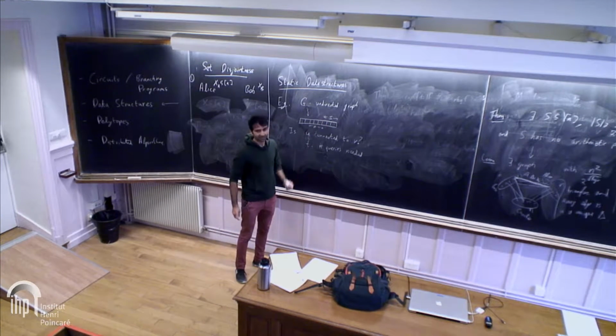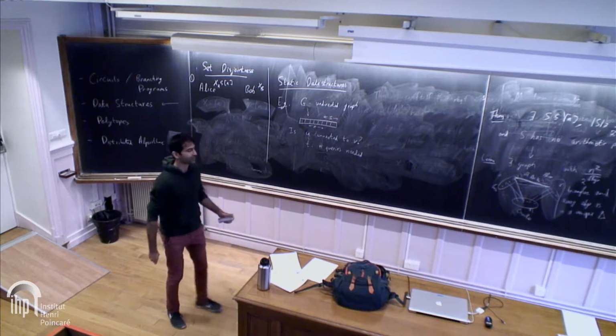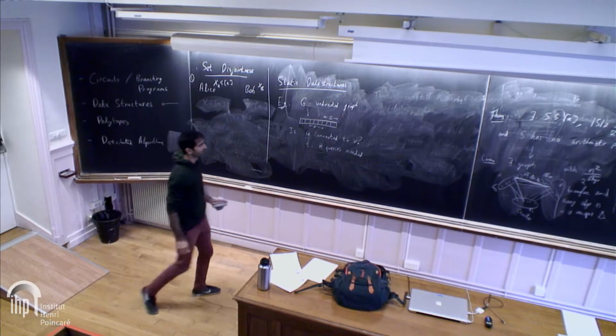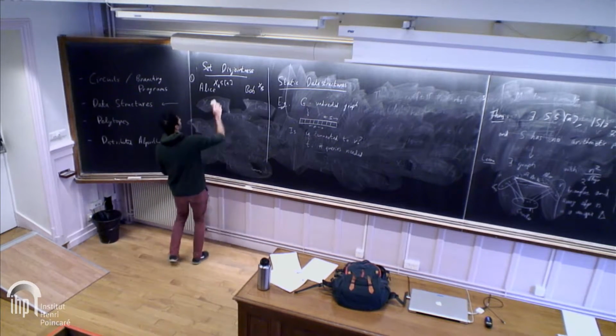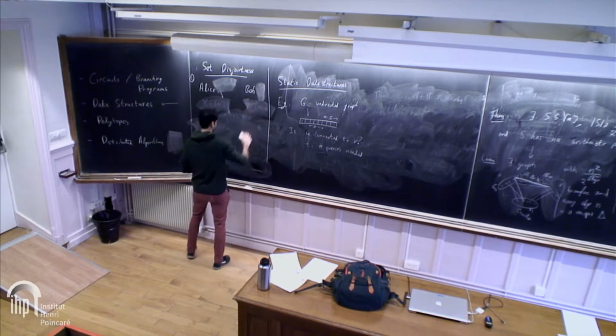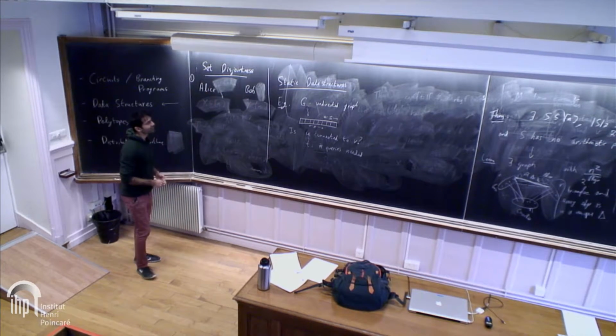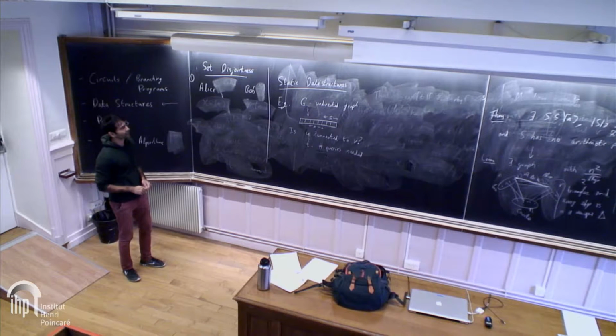But okay, so this is the setup. We have 2 parameters S and T, and we want to understand the trade-off between them. To understand this, it turns out Alice and Bob are not going to play a symmetric role.